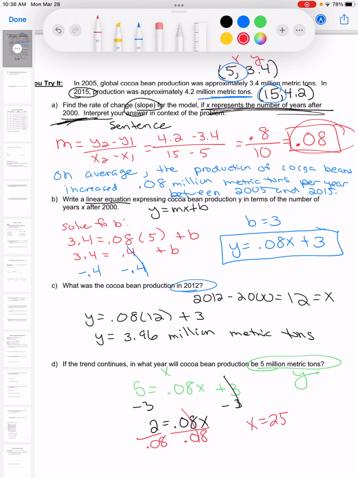So I get 25. Remember, it did ask for the year. 25 is not a year. Going back to that part A, up here I know I've circled it a whole bunch, but it's the number of years since 2000. So I'm going to add 25 to 2000 to get my answer of 2025.